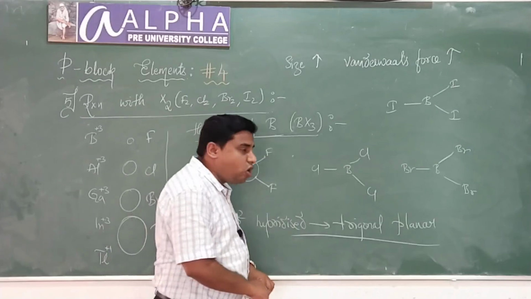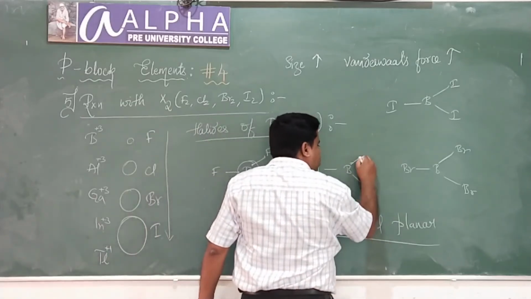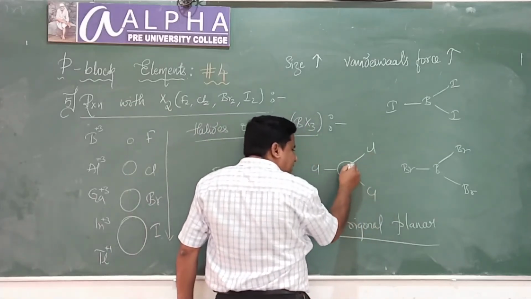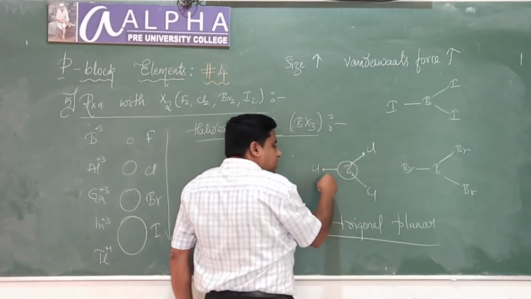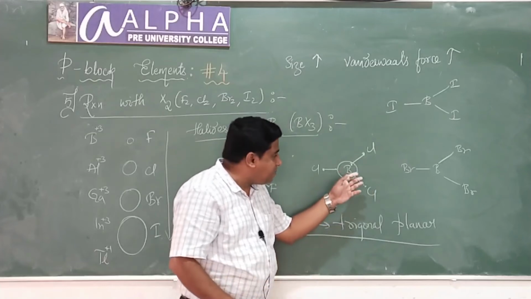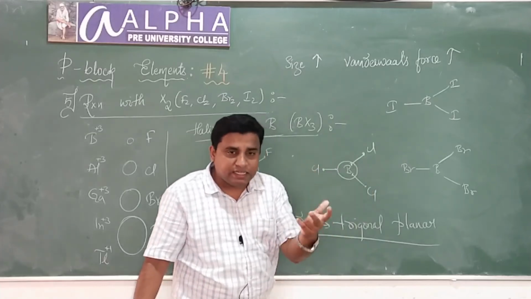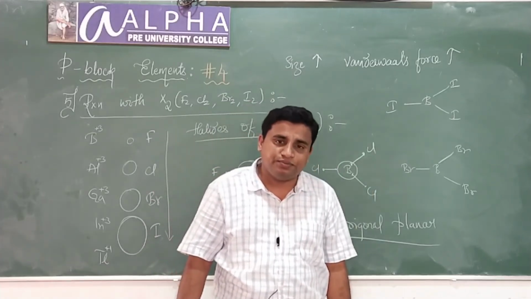Here also, in boron trichloride, look here. The central atom is surrounded by 1, 2, 3, 4, 5, 6. Here also the central atom is surrounded by only 6 electrons. It is deficient of 2 electrons, correct?